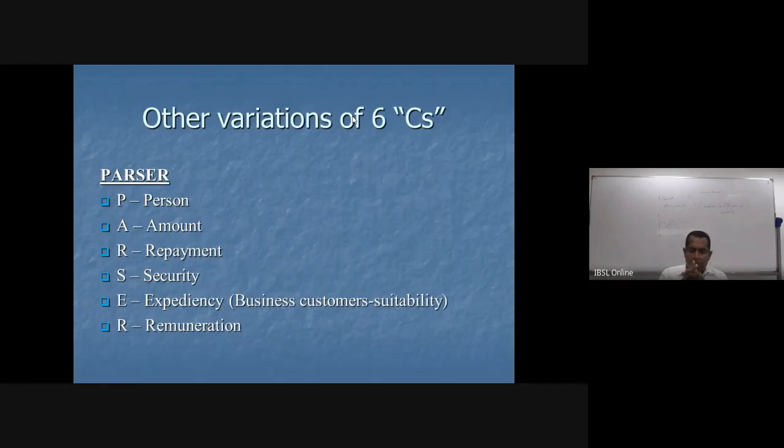Remuneration, the amount of money they will generate. Person, amount, repayment, security, expediency, and remuneration.